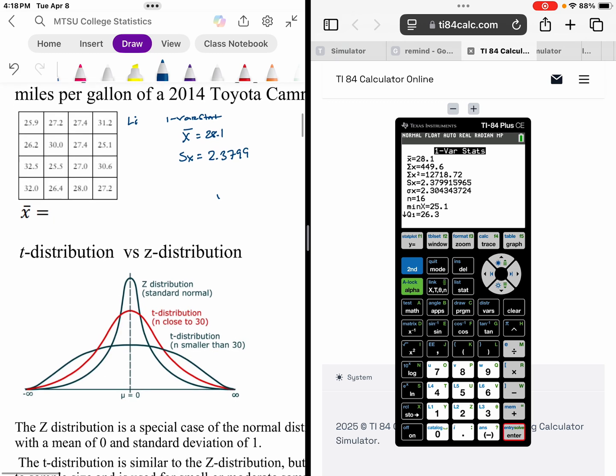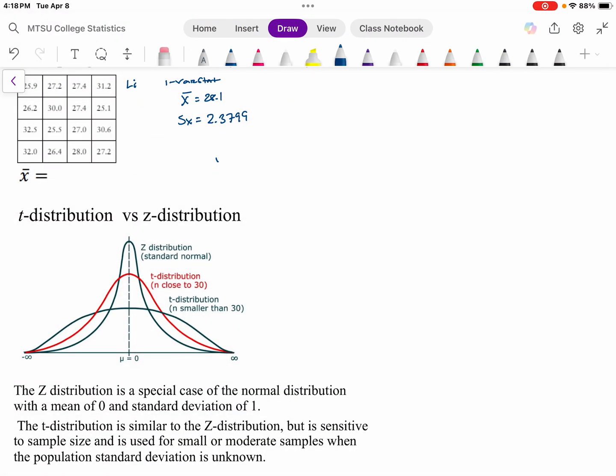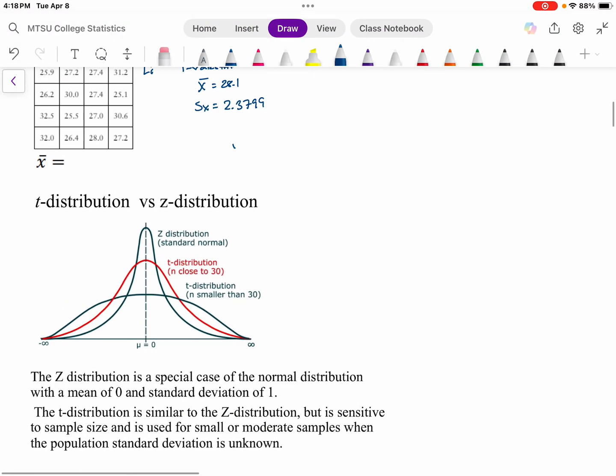So now we get to talk about what is the difference between a t distribution and a z distribution. Again, when we were doing proportions, we were doing a z distribution, using a standardized approach with z-scores. A t distribution resembles a z distribution.